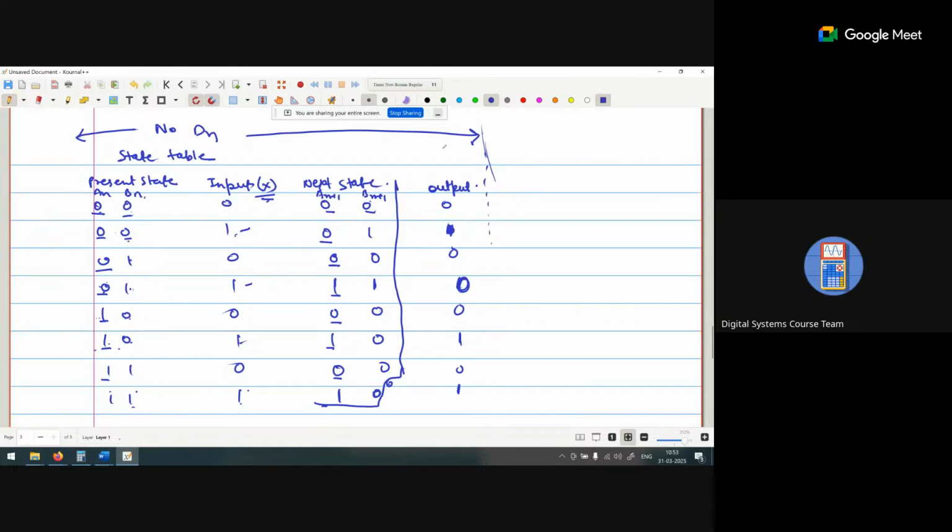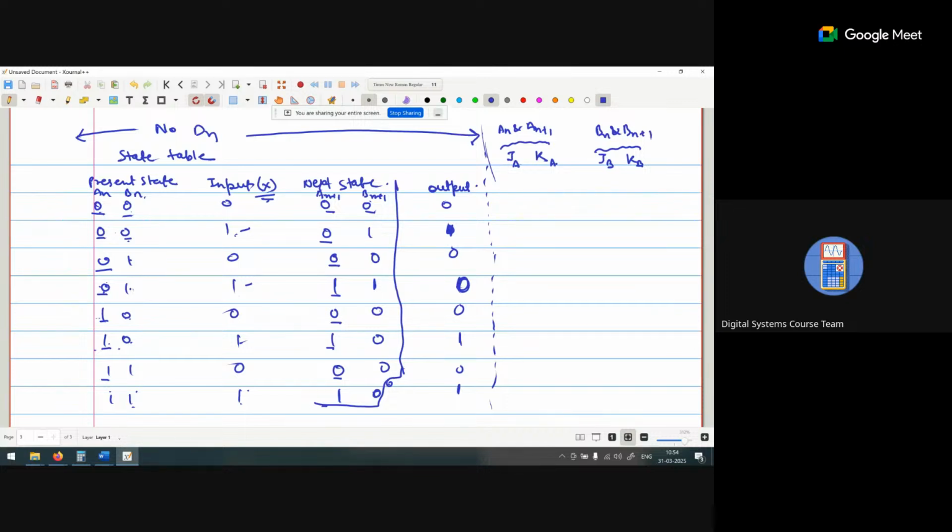Only the change is the excitation table. So JK for JK and for JB. That is only for the excitation table of An and An plus 1, and that is for Bn and Bn plus 1.